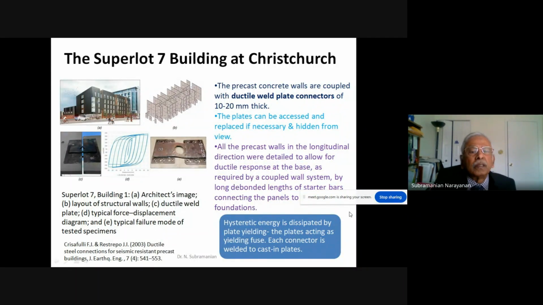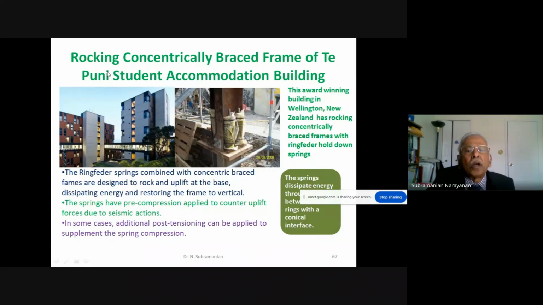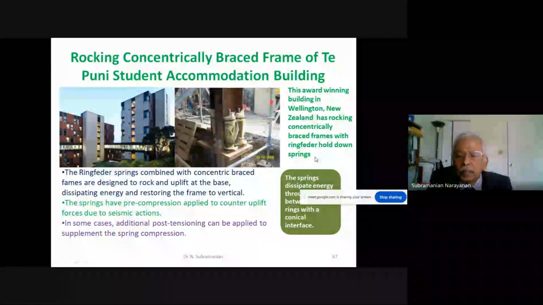Another example: this is a rocking concentrically braced frame. I have shown this detail earlier also, of the Te Puni Student Accommodation Building in New Zealand. This is an award-winning building in Wellington, New Zealand, which has a rocking concentrically braced frame with ring feeder hold-down springs.